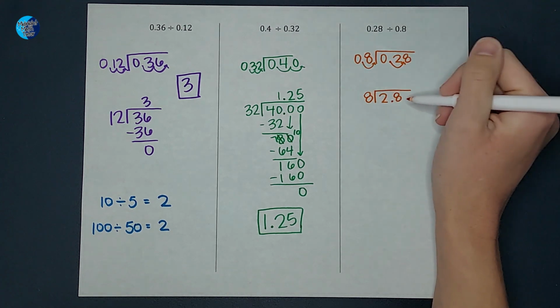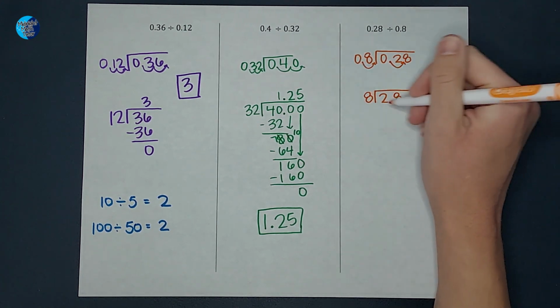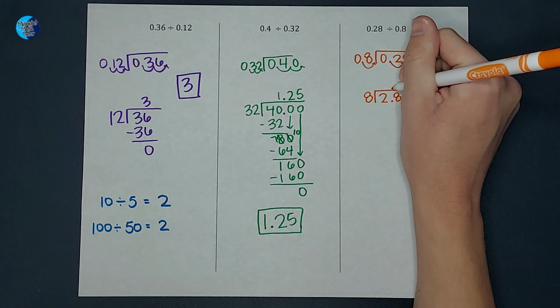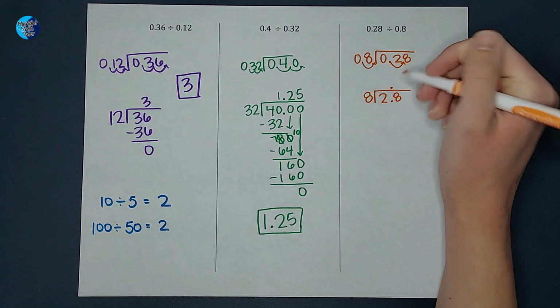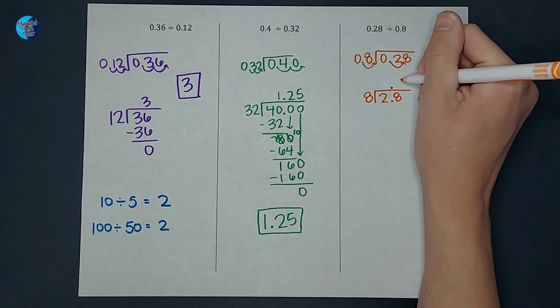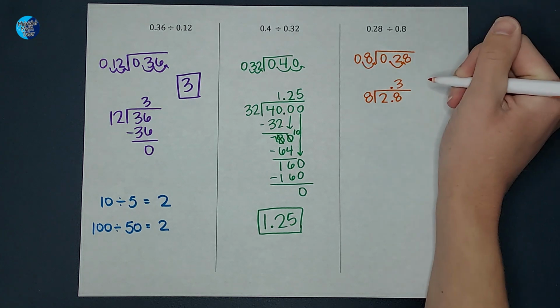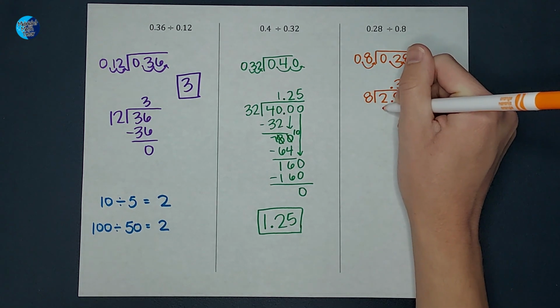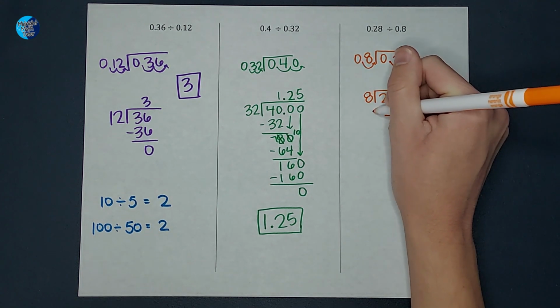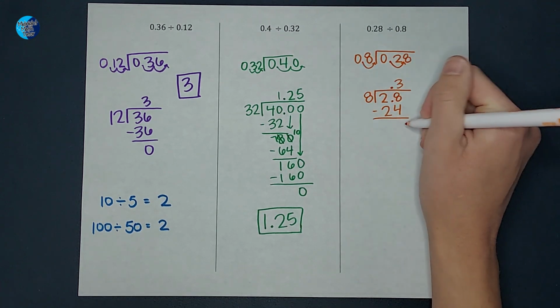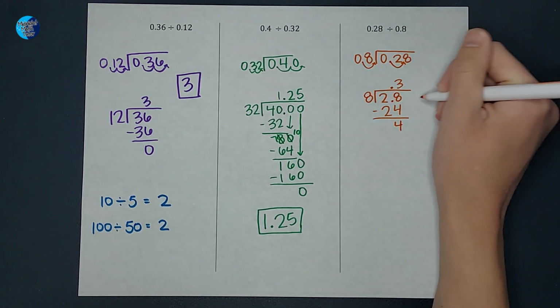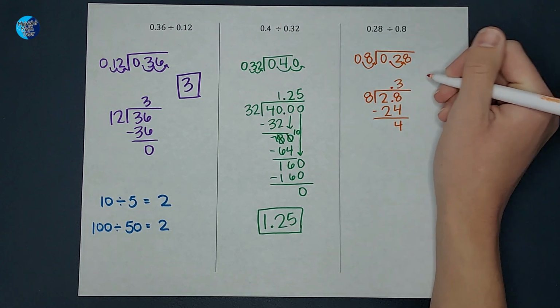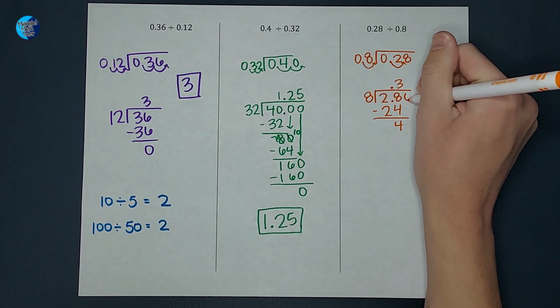All right. How many times does 8 go into, we can think of it as 28 because I'm putting this decimal up here. How many times is 8 going into 28? Well, it goes in 3 times. 3 times 8 is 24. And when I subtract that, I get 4. Okay. I don't want to put 0.3 remainder 4, so I'm going to add a 0 here.